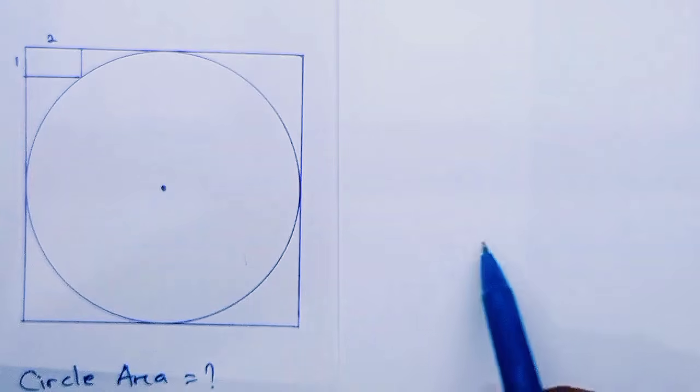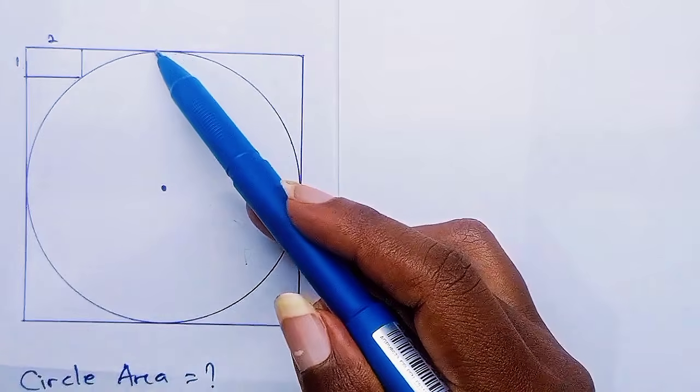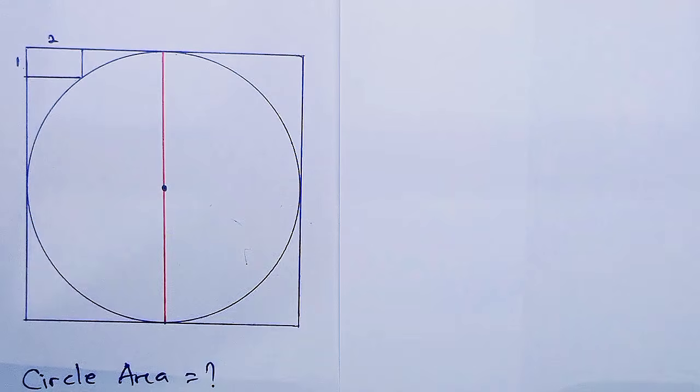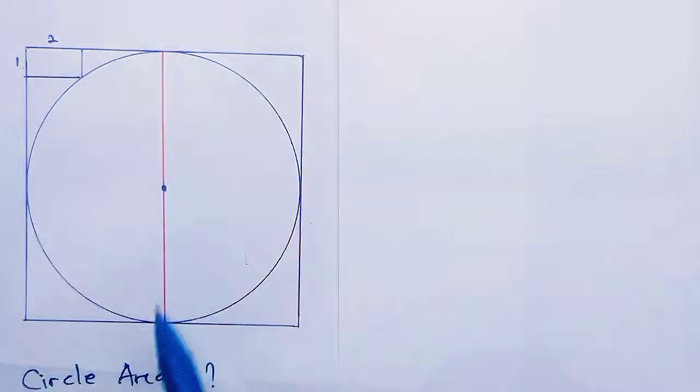First, let us draw a line vertical through the center, okay? And that touches these points of tangency. Just like this. So this line of the square is tangent to the circle. Also, this line of the square is tangent to the circle, and we've drawn this line.